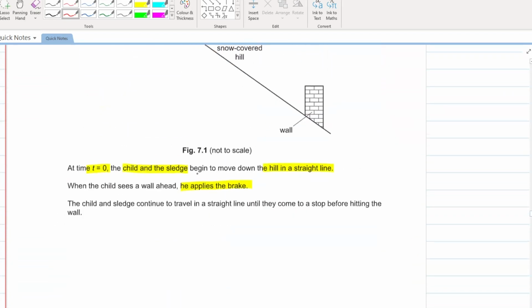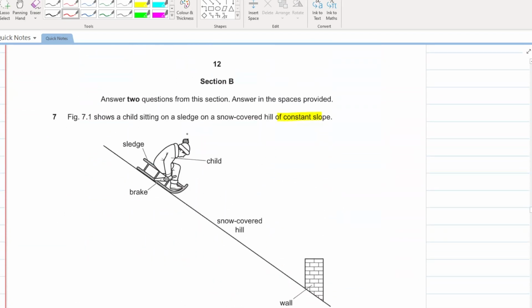Can you realize as the speed of this child and sledge increases, the resistive forces will increase? There will come a point where the resistive forces will be equal to the forward forces.